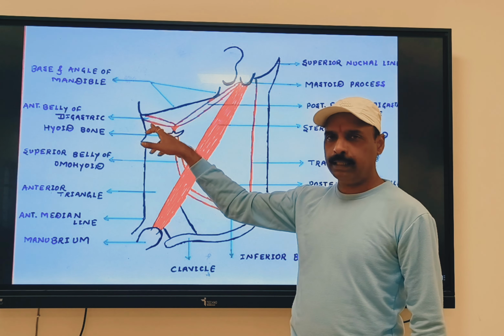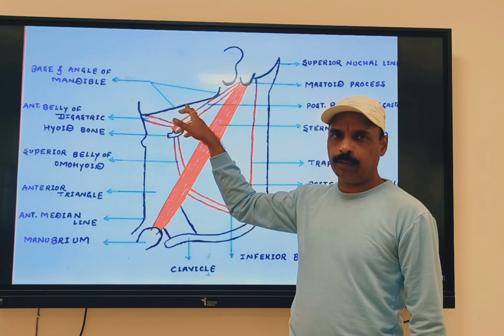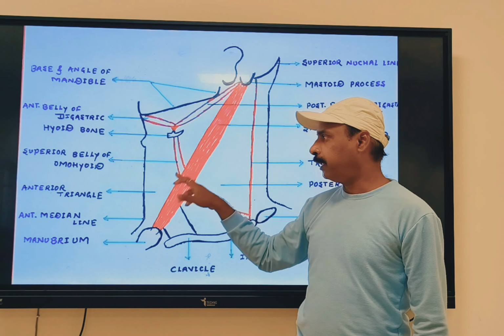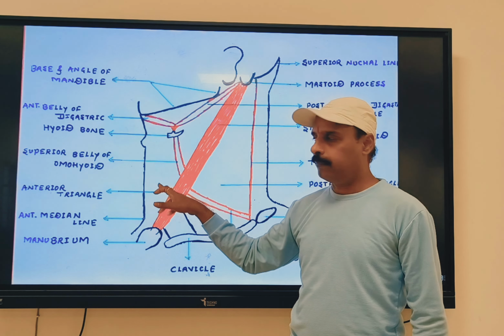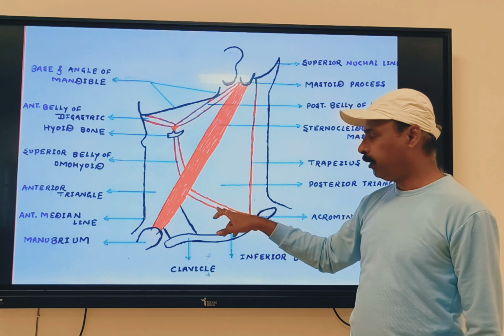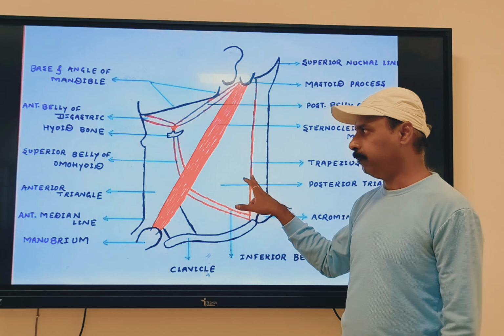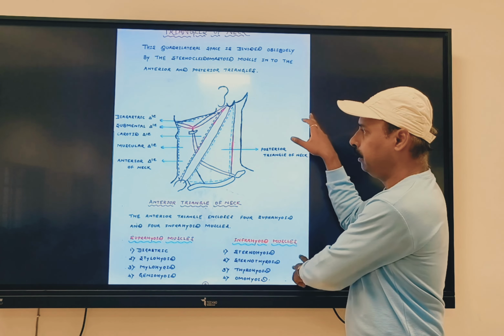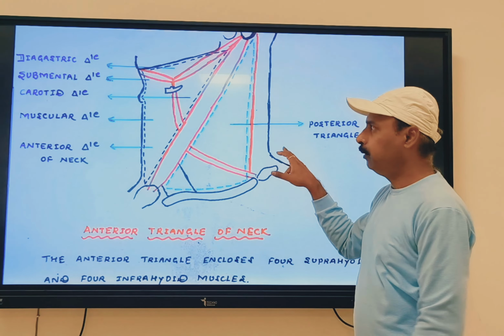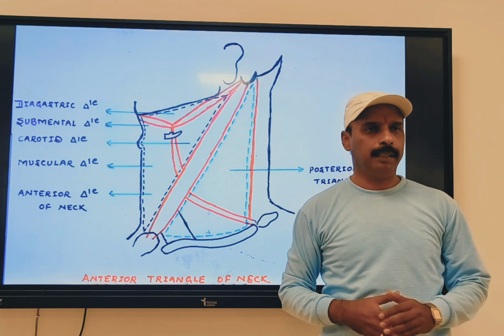We have the submental triangle, the submandibular triangle, the carotid triangle, and the muscular triangle. Here, the sternocleidomastoid and the inferior belly are shown. This is a diagram representation for identification of the muscles. As I told you in the previous diagram, these are the subdivisions, the subtriangles of the anterior triangle.